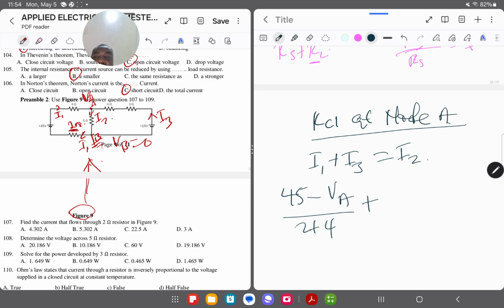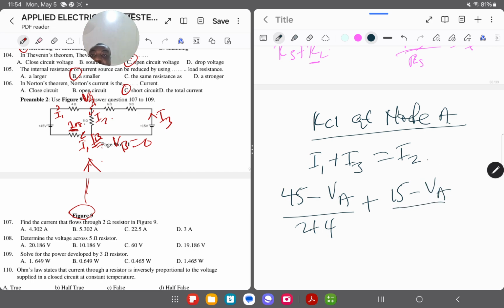Now we come here plus, to the I3. Here again, you can see that it originates, based on the direction, from 15 volts and arrives at the reference node, node A, and the voltage there is VA. So I'm going to take 15, which is the higher potential, minus VA.